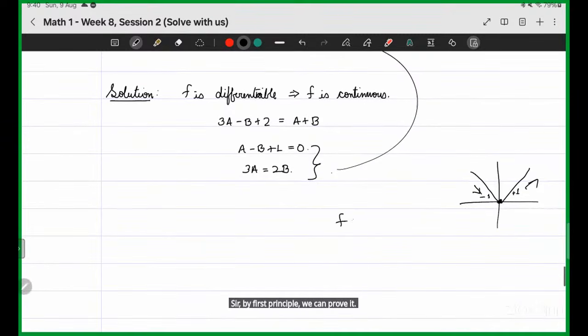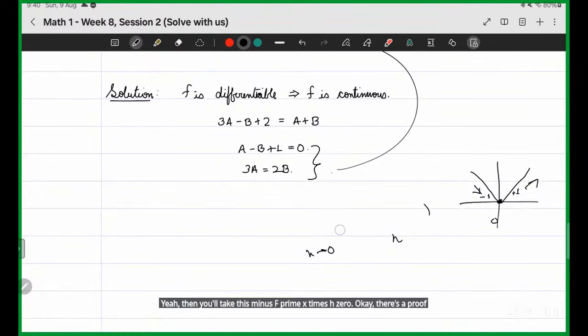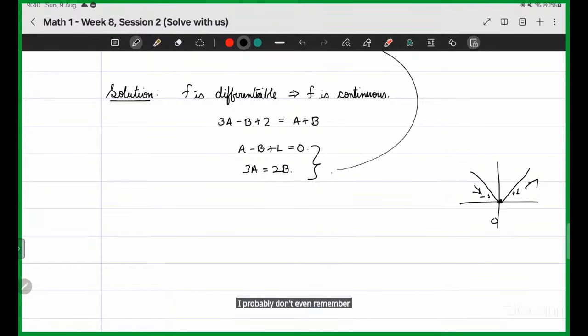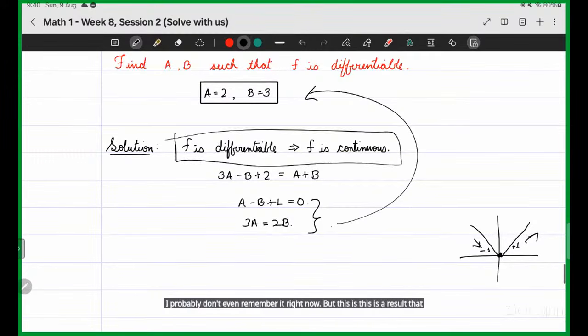Yeah, so you should start out with f of x plus h minus f of x divided by h, multiply both sides by h, given that this limit exists, then you'll get f of x plus h minus f of x equal to f prime x times h, which tends to 0. Okay, there's a proof of it. I'm not going to give you the proof. I probably don't even remember it right now. But this is a result that you can assume.